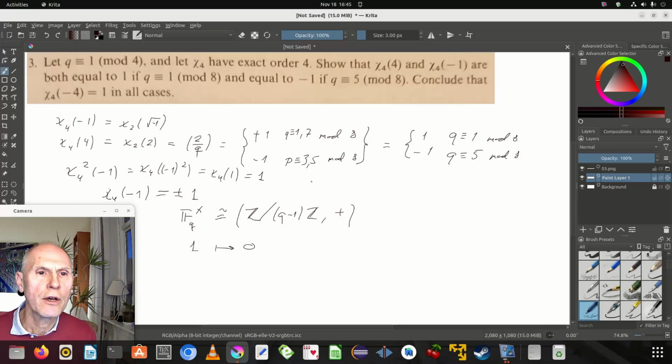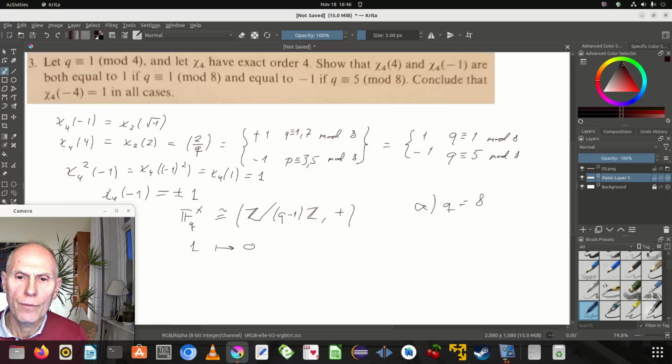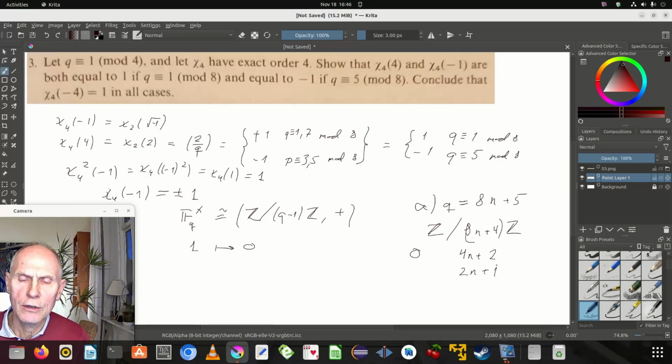So if we first take Q equals 5 modulo 8, n plus 5, then our group is set modulo 8n plus 4 times Z, and then a square root of 0 is 4n plus 2, and it has a square root as well, 2n plus 1.